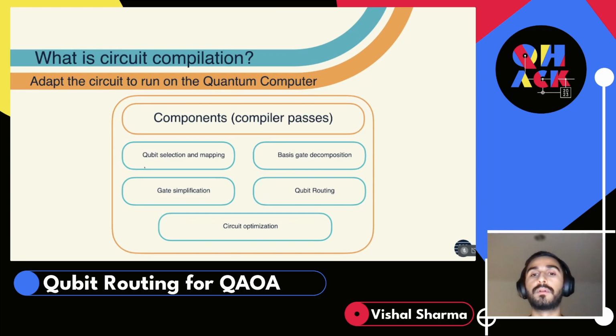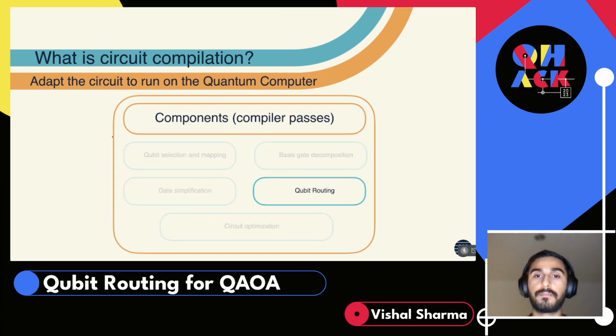And if you have, for example, a 2-qubit gate that's acting on qubits that are not actually physically connected on the quantum computer, you may need to do something known as qubit routing in order to map that logical level quantum circuit down to the hardware level. And that is precisely what we want to talk about today.